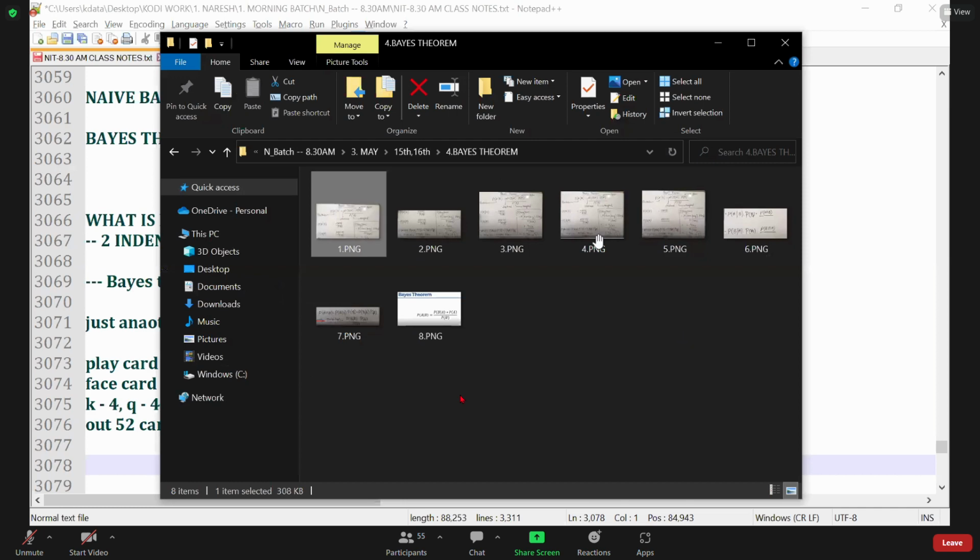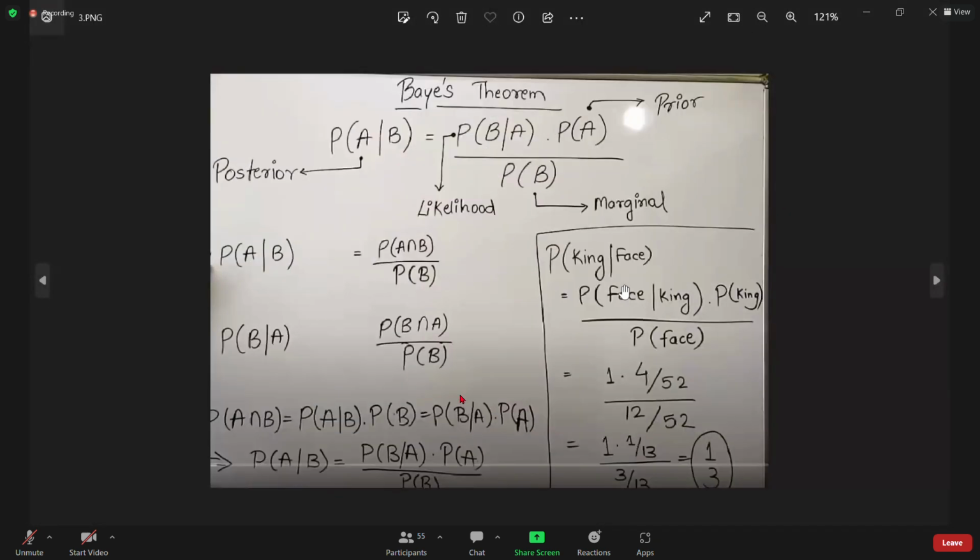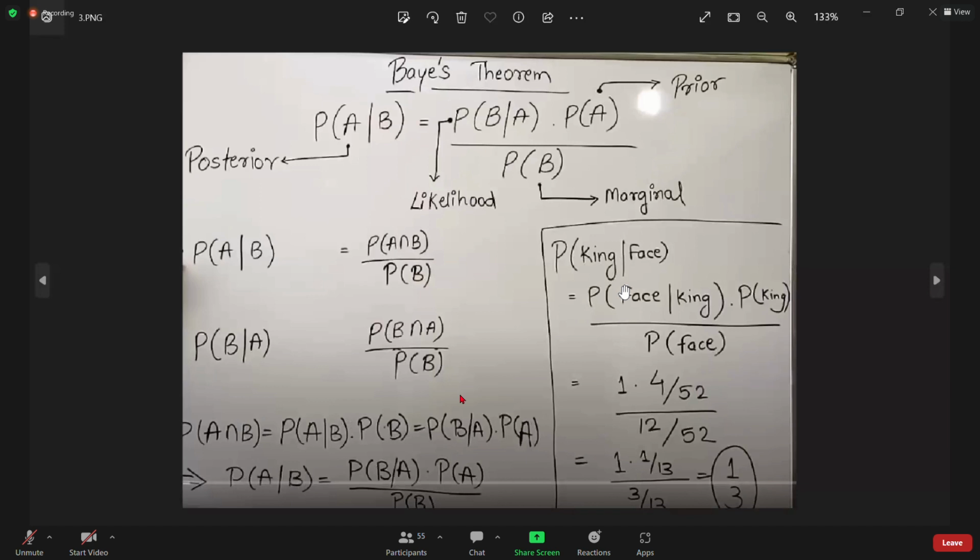I will give you one use case. Listen to me very carefully. I will keep a playing card deck in front of you. Now the first thing is I want you to pick one card from the deck, and the condition is that the first card is a king out of the face cards.